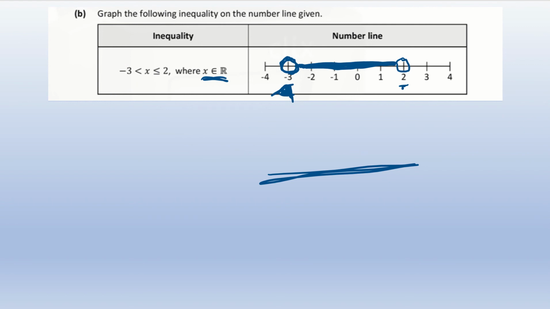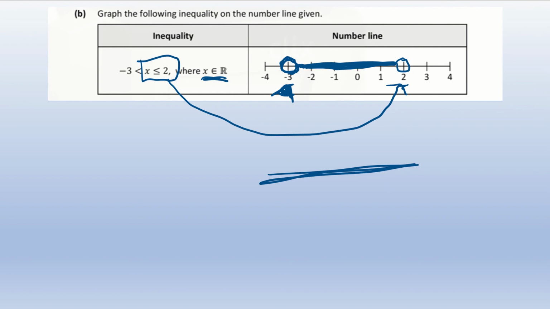However, if we look at the other side of things, it says that x is less than or equal to 2, and the "or equal to" part is the most important, the little line underneath the inequality sign. Because that line is there, we need to include 2. So if you look over here, the way I have it at the moment with the empty circle is incorrect because we are not including 2.